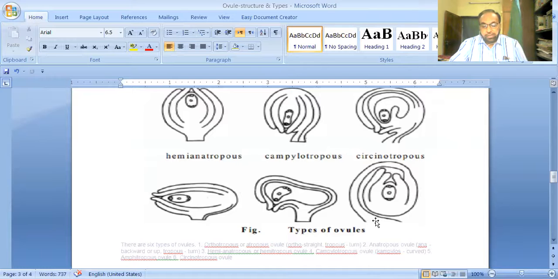This ovule is called a circinotropous ovule. It is commonly present in Opuntia, Nagphani. In that one, we find such a type of ovule structure, and hence this is a very important type of ovule.